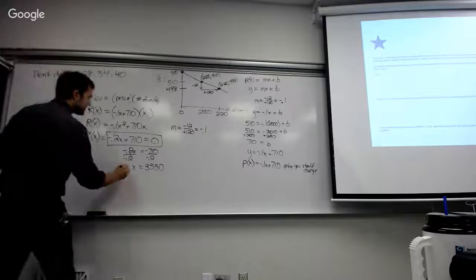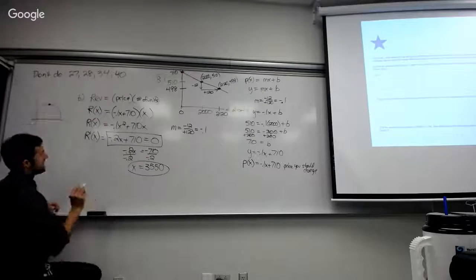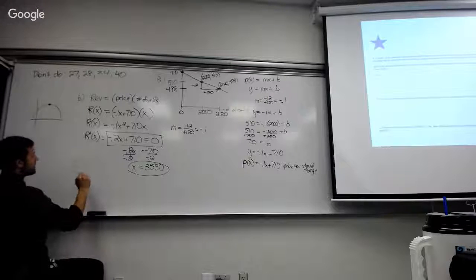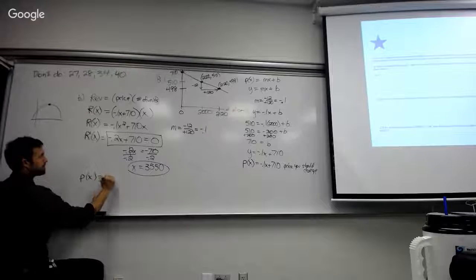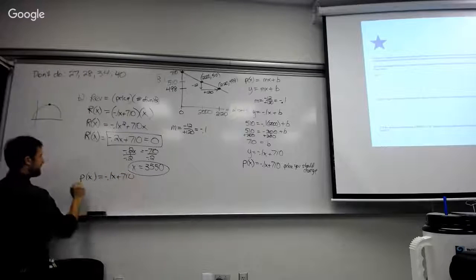revenue? So now that we know that 3,550 is how we maximize revenue, now we go back and we look at the price. What is the price? That'll be P of 3,550.